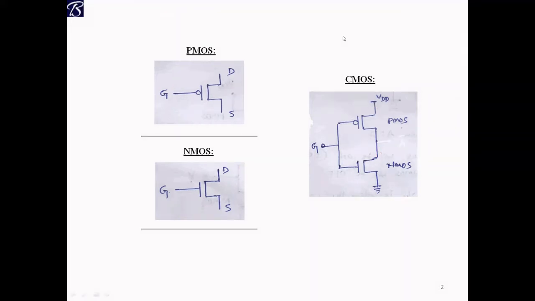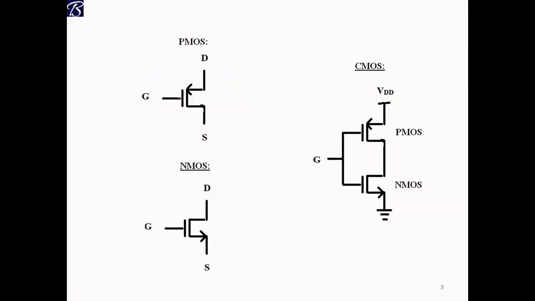Before going to discuss the CMOS inverter, let us see the other symbols of NMOS and PMOS. See the PMOS, instead of a bubble here, there is an arrow inside. This is PMOS. And for the NMOS, the arrow should be outside. In this way also the PMOS and NMOS will be represented.